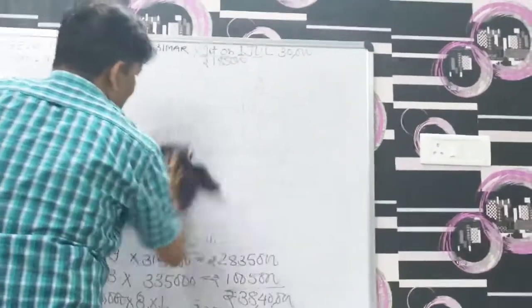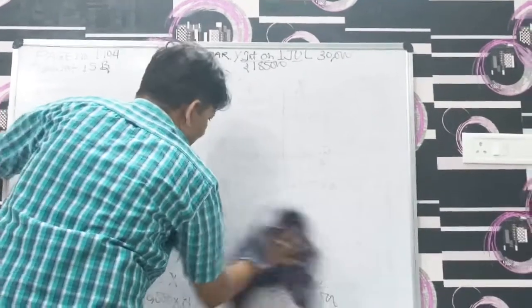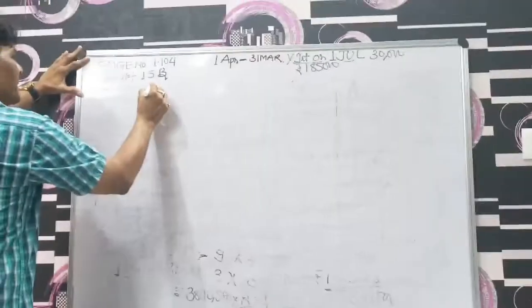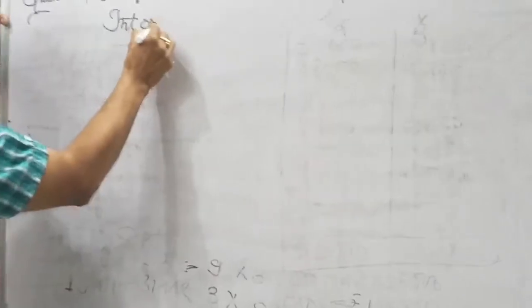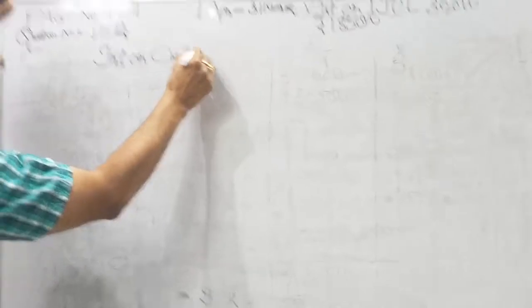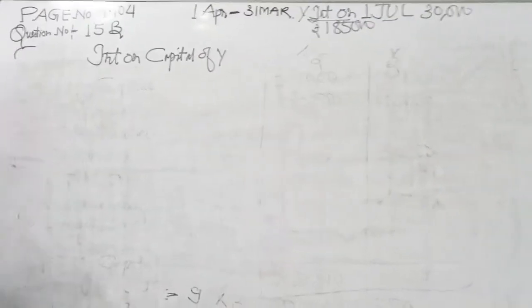For Y, we follow both methods. First, interest on capital of Y through the statement method.